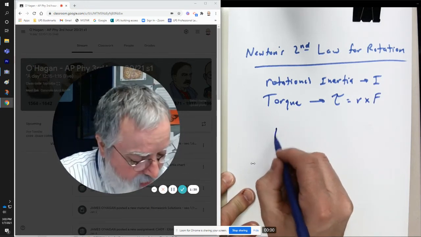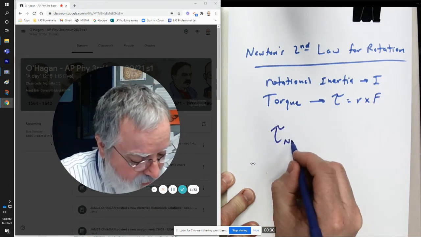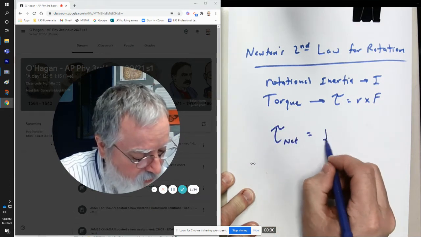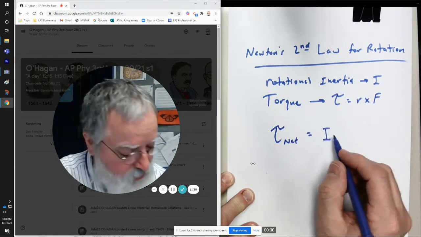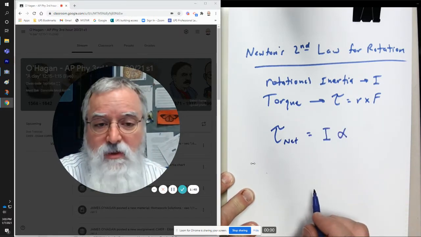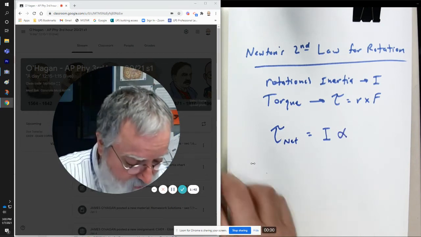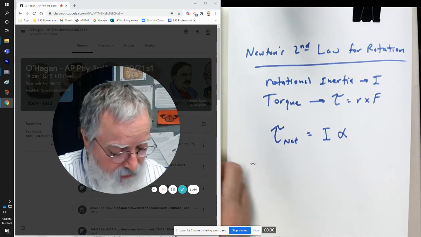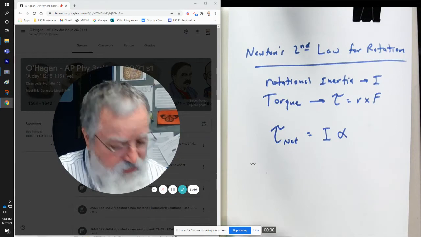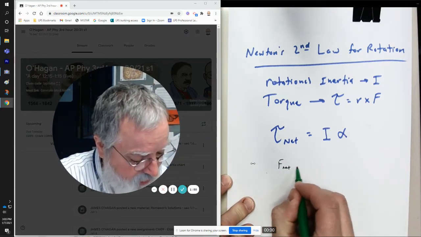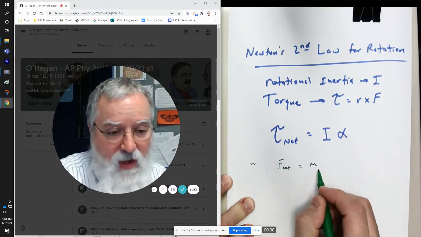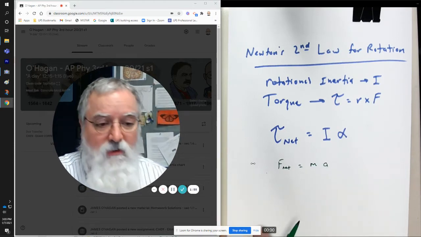Newton's second law says the net torque will cause an object that has some rotational inertia to have an angular acceleration. This is very similar in form to Newton's second law the way we're used to seeing it: a net force will cause a mass to have an acceleration.